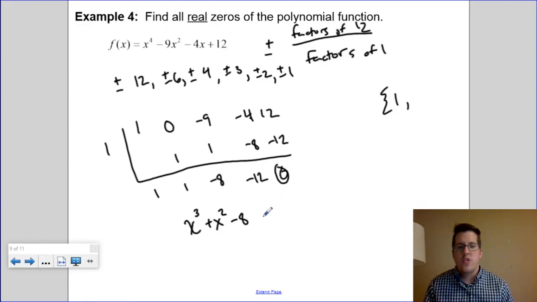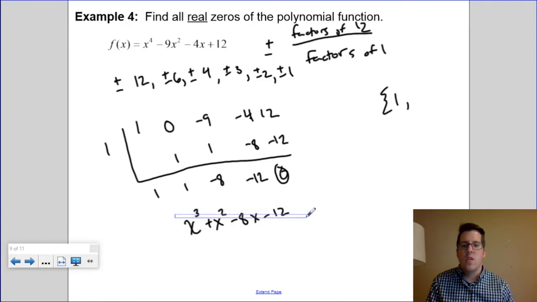Now, just because one of my zeros has been used once doesn't mean that it couldn't repeat. So I'm going to move that off to the side, and I'm going to see if maybe 1 still works. You never know, right?